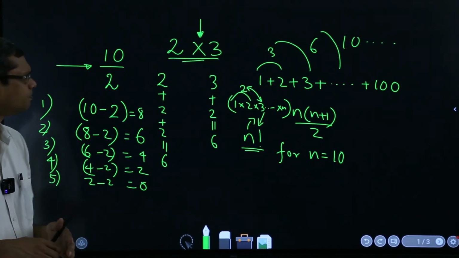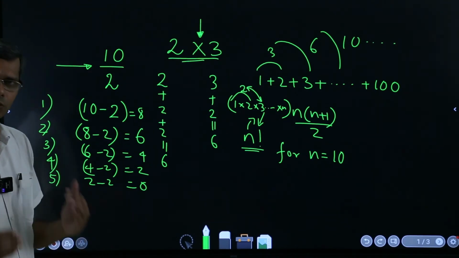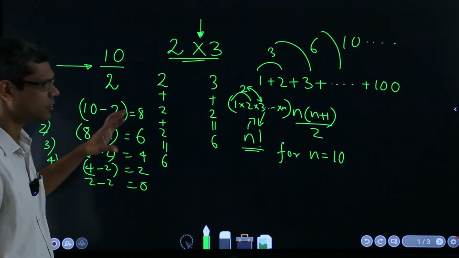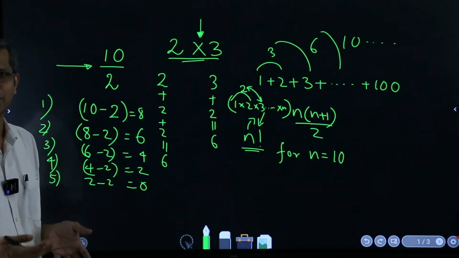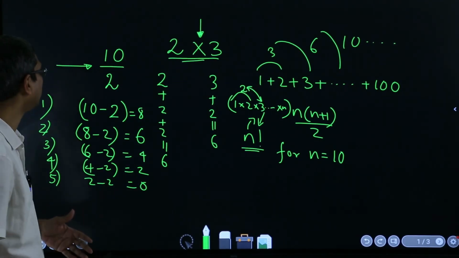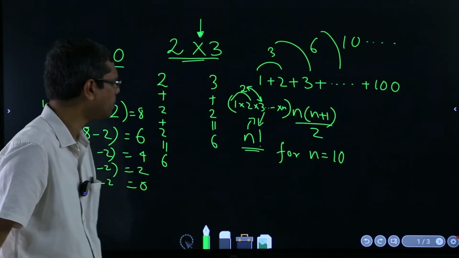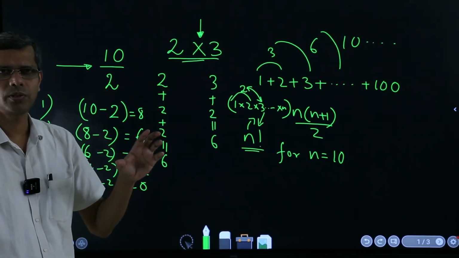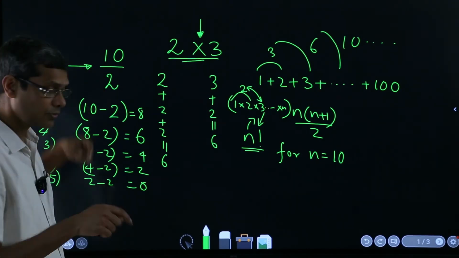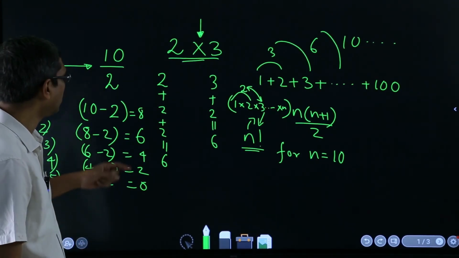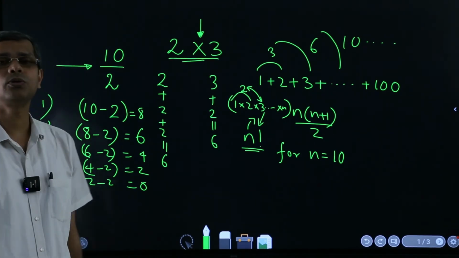There also we will break down into simple repetitive steps like addition and subtraction, nothing else. You will realize that programming is nothing but breaking a bigger problem, like this division, which is a big problem now because the key is not working, into smaller problems.